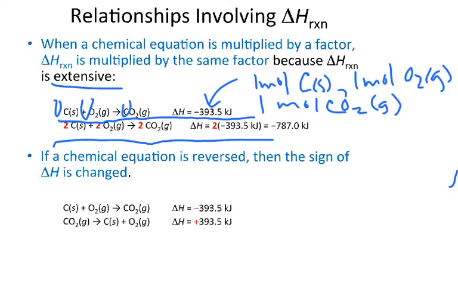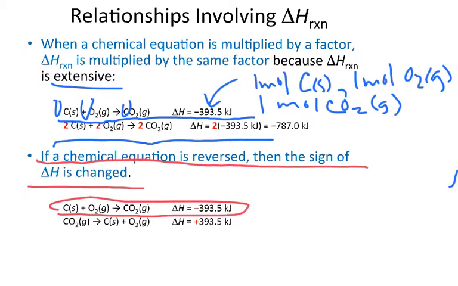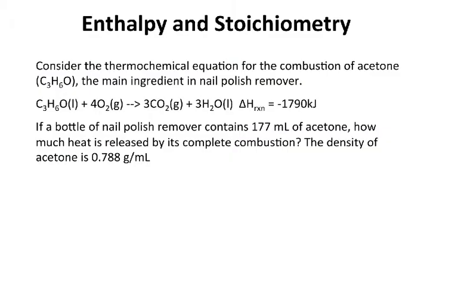Okay? And again, if a chemical equation is reversed, the sign of delta H is changed. So here you have the forward reaction of carbon and oxygen to yield carbon dioxide. The reverse of this reaction, carbon dioxide decomposing into carbon and oxygen, is the same scale but a different sign.